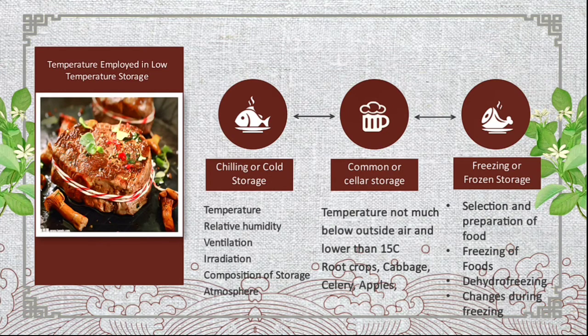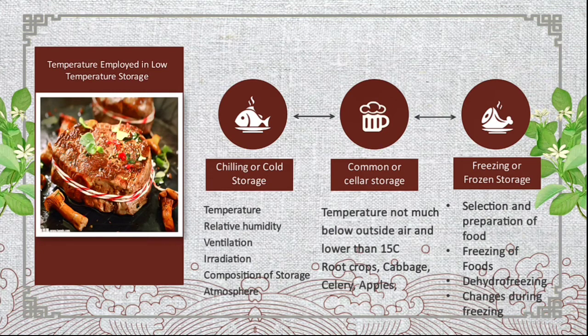Next one, ventilation. Ventilation or control of air velocities of the storage room is important in maintaining a uniform relative humidity throughout the room, removing odor and preventing the development of stale odor and flavors. The next one is composition of storage atmosphere.